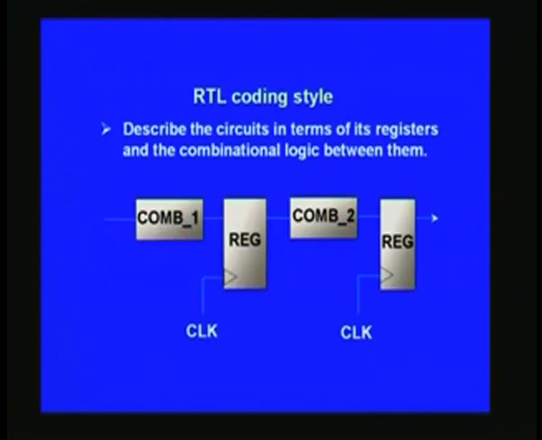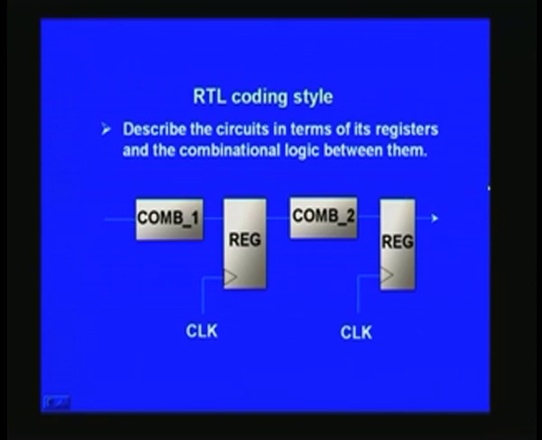And basically the RTL coding style is once again the same as synchronous design as such. You have a combinational circuit, and it can be any complex combinational circuit, and then follow this with a register, registering this combinational output as such, and this may be an intermediate output as such, and then follow the same pattern successively, and this keeps going in this fashion, and data flows in this fashion naturally.